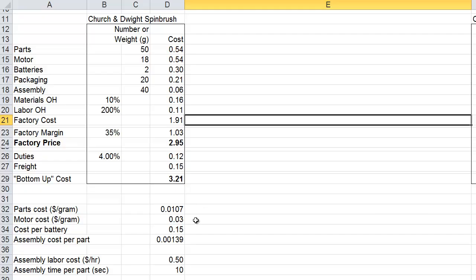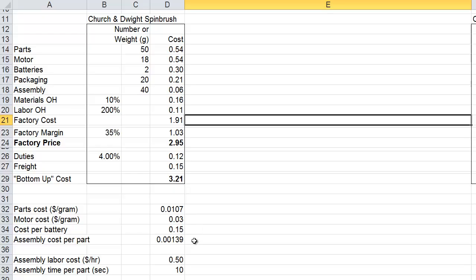I assume the motor cost is much higher. In particular, it's 3 cents or $0.03 per gram. And I assume that the cost per battery is about 15 cents. And that's a pretty good number based on my discussions with some people in that industry.